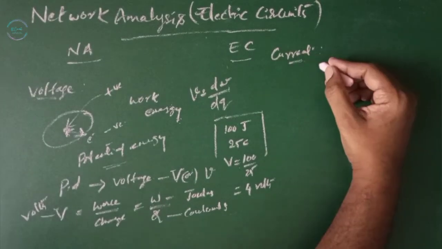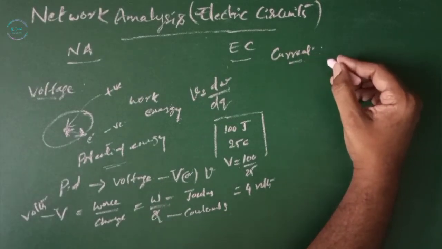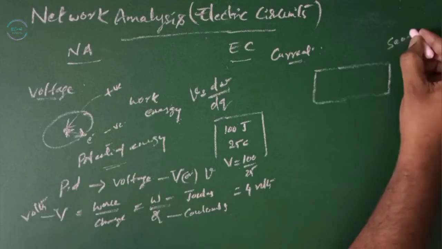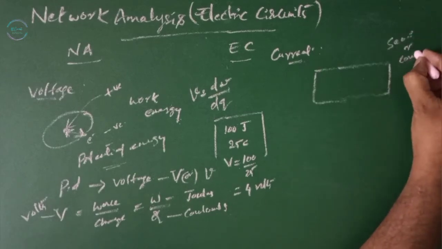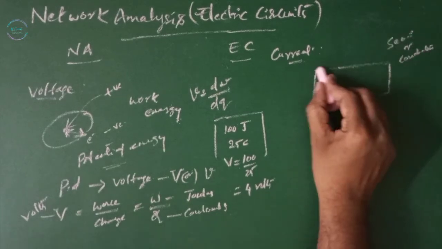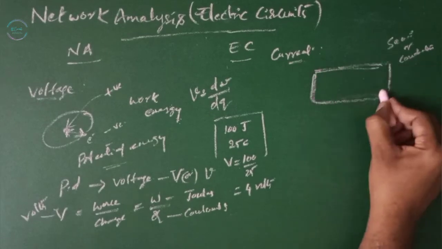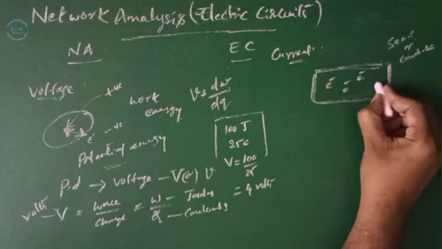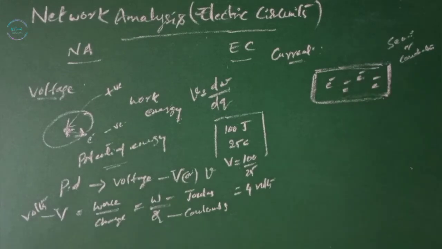In semiconductor or conductive materials, free electrons are available. If you observe a wire, there are some free electrons. These free electrons move randomly in all directions within the structure in the absence of an external pressure or voltage.